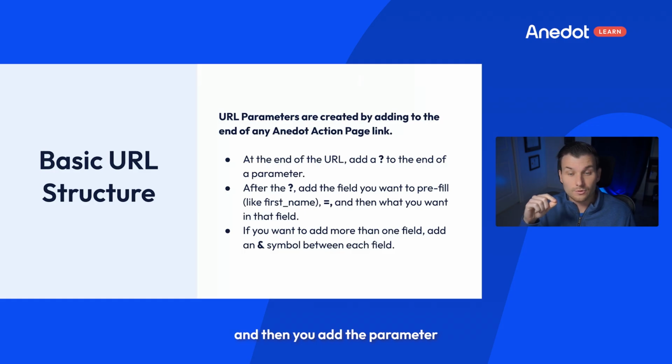And then you add the parameter you want, like first_name, last_name, email, then the equal sign, and then the value you want in there. So it would be first_name equals Patrick as an example. And you can add as many as you want. Between each one, you add an ampersand, and then you can go on to the next one.